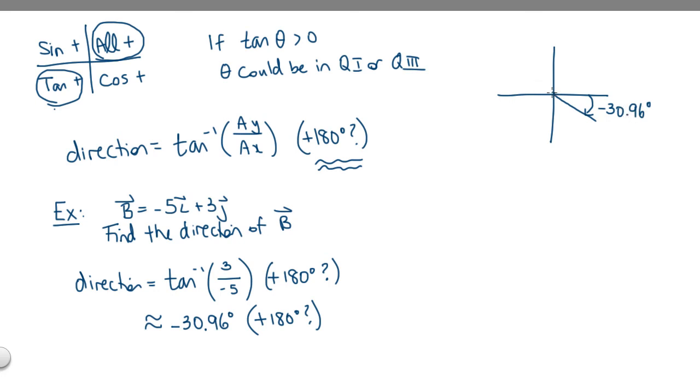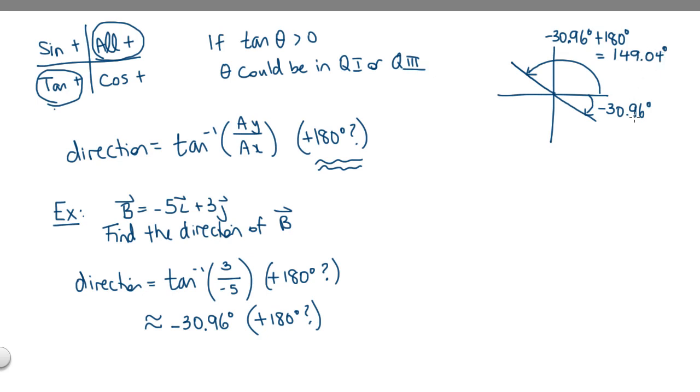The other option is that maybe our vector lies in the complete opposite direction. So if we take minus 30.96 degrees and add 180 to that, what we end up with is an angle that looks like 149.04 degrees, or just about 149 degrees.